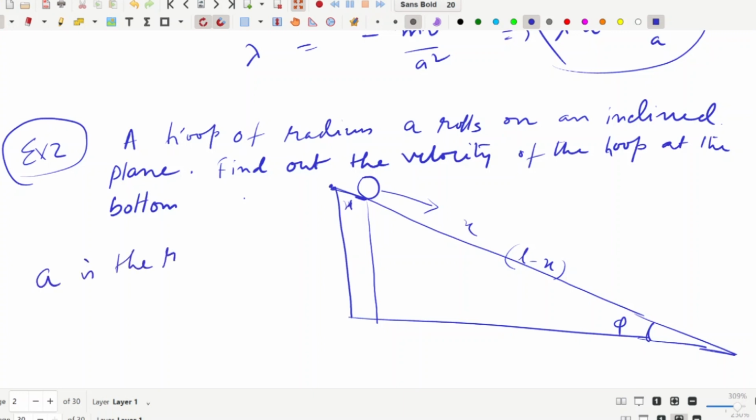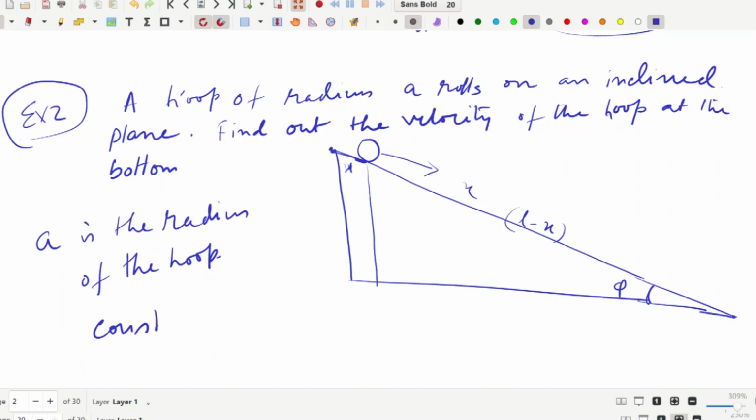And a is the radius of the hoop. Okay. For the constraint, I forgot to mention that the hoop is rolling without slipping, so it has only rolling motion.